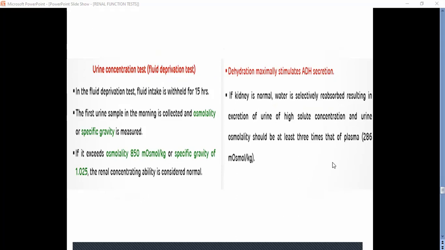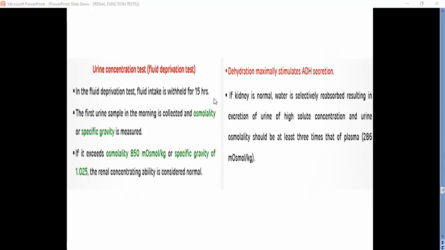Under the tubular function tests, the most important test is the urine concentration test. In the fluid deprivation test, fluid intake is withheld for 15 hours. That is, for up to 15 hours we do not give fluid intake to the person. Before doing this test, the first urine sample is collected in the morning, and its osmolarity and specific gravity are measured.